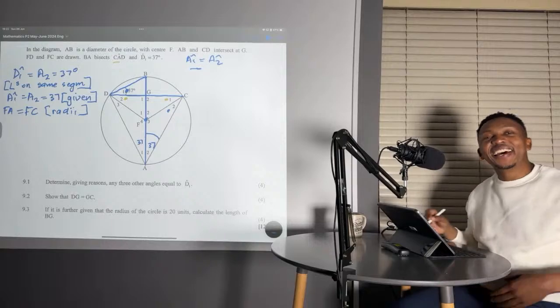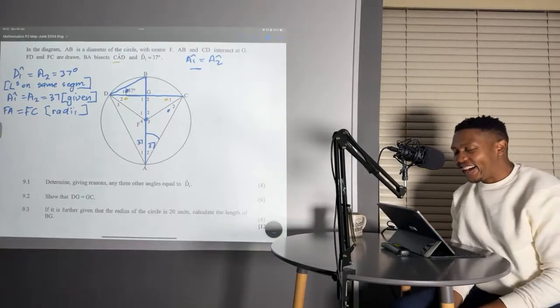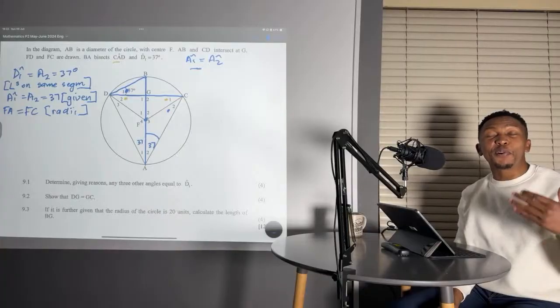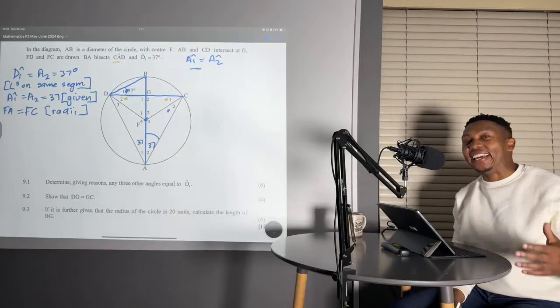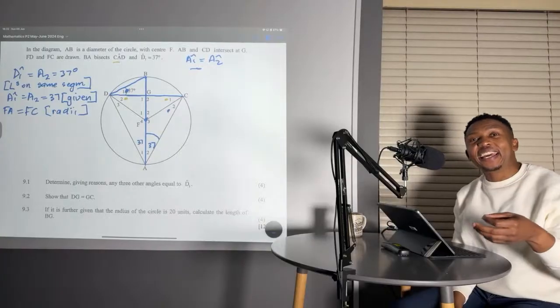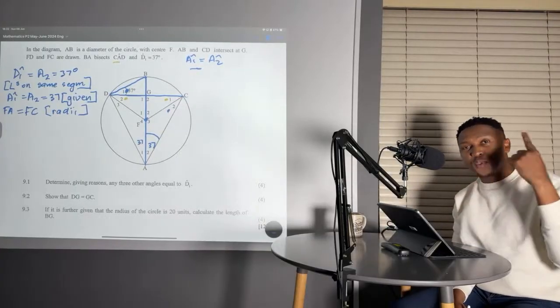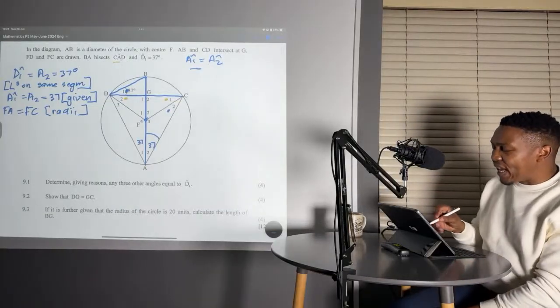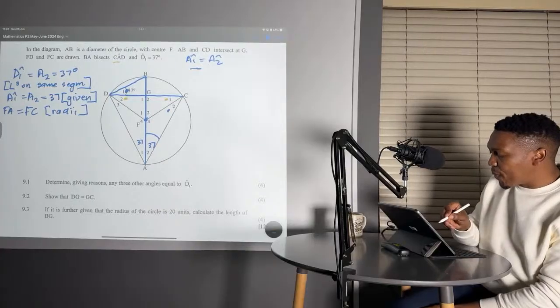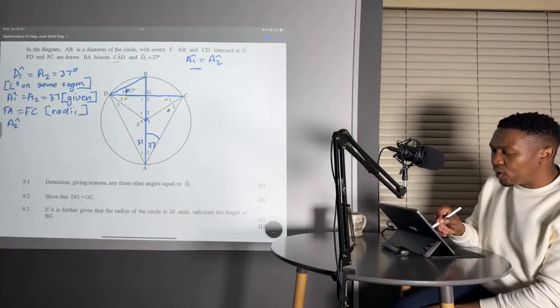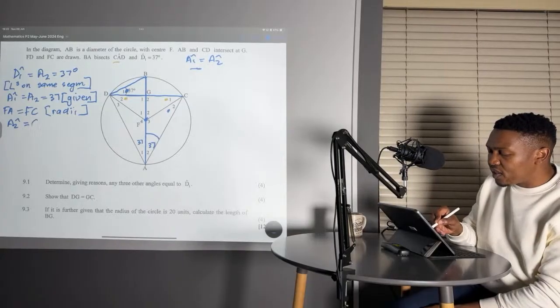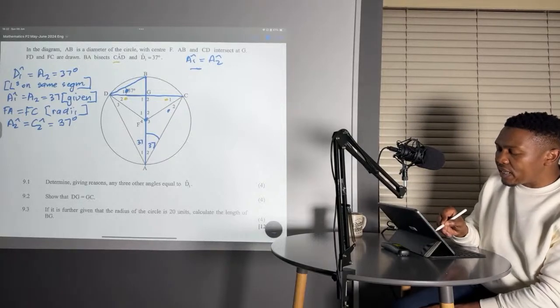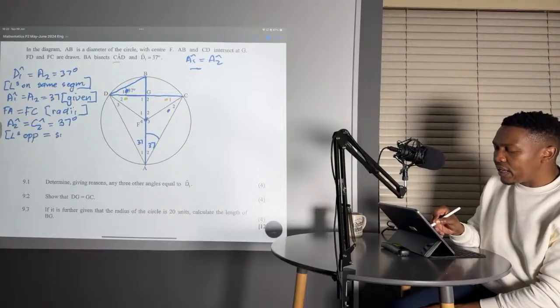And I know, guys, in my class very recently, sometimes they pronounce it radiuses. No, it's actually radii, because that's the plural for radius. So one radius, many radii. Right, so FA is equal to FC. So therefore, it means that A2 is equal to C2. That's also equal to 37 degrees.